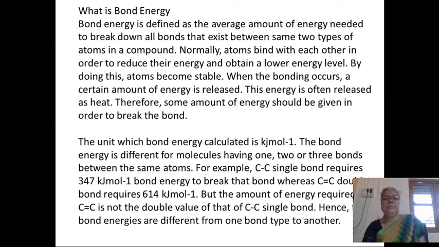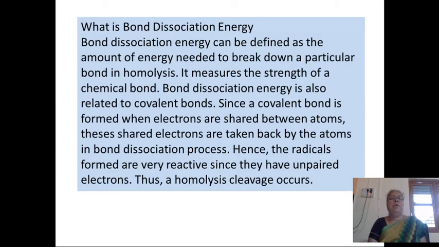Then the bond dissociation energy. Here, the bond dissociation energy can be defined as the amount of energy needed to break down a particular bond in homolysis. It measures the strength of a chemical bond.